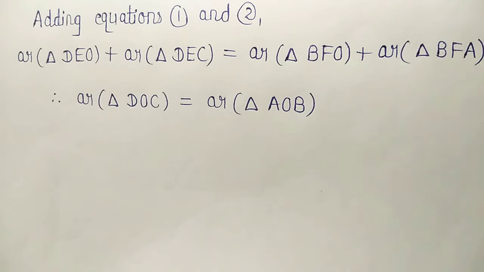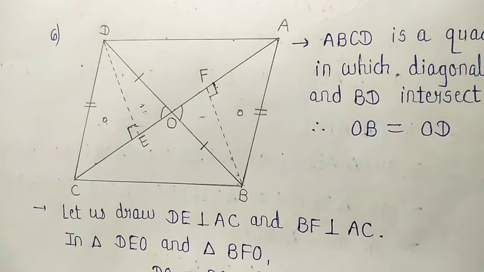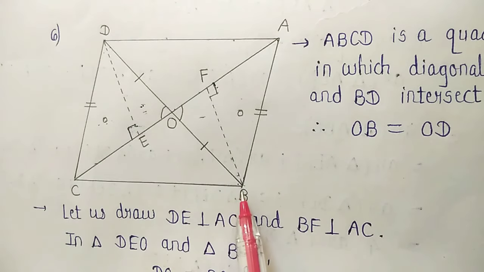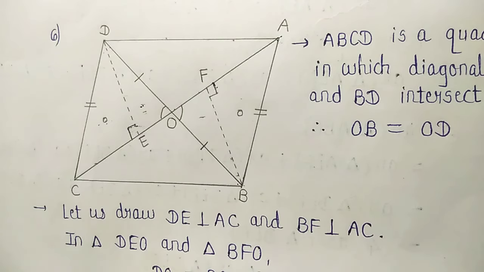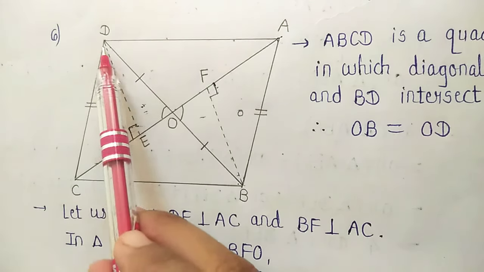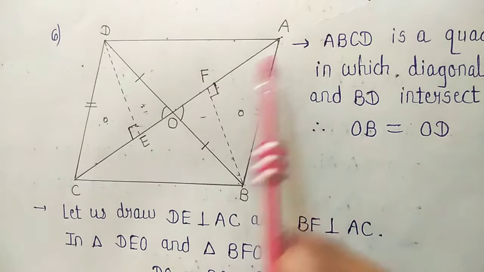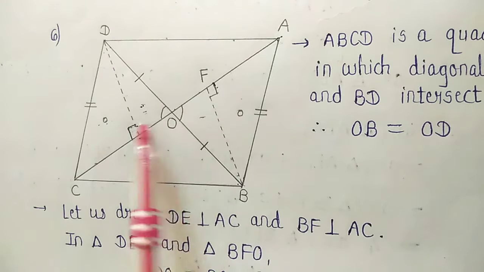Now in the second one we have to prove area of triangle DCB is equal to area of triangle ACB. How will we prove this, students? Look at the figure. We have already proved that triangle DOC is equal to AOB. These both areas are equal.